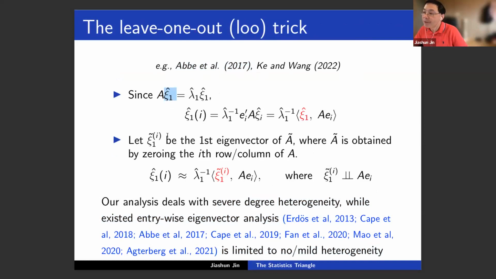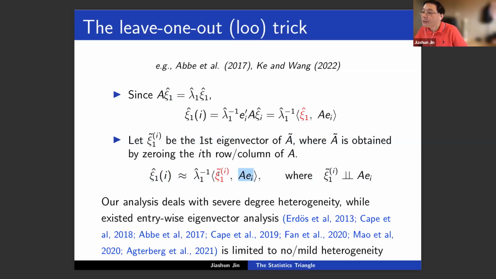Now if you take the ith row of it, this is a random variable. This random variable can be approximated by this term, which is constructed by removing the ith row and ith column of A and recalculating the first eigenvector. This turns out to be independent of the ith row multiplied by e_i.